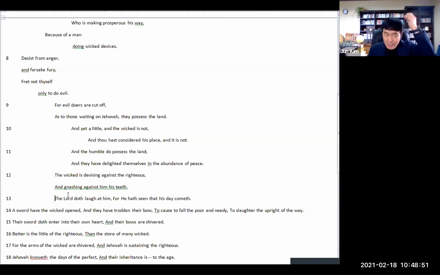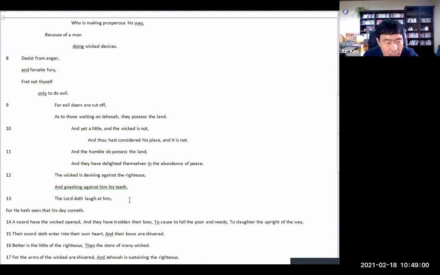And you can see that the Lord is doing something in parallel on the same level. The Lord laughs at him. And you can see the "for", so it provides another subordinate idea that belongs to the Lord laughs at him. So this one, "for", is providing subordinate information to the Lord laughs at him.